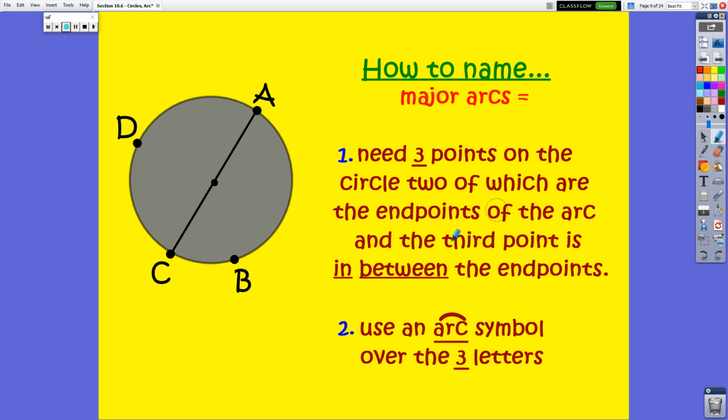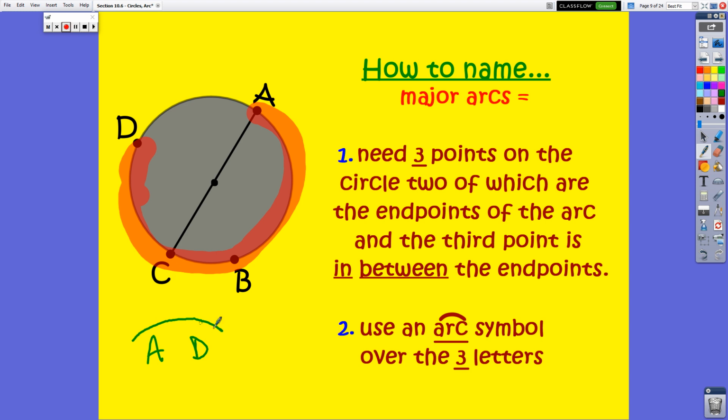So for instance here, if I wanted to name an arc that was bigger than half the circle, let's say I start at A and I go to B and I'm not quite over half yet, and if I go from B to C, that's exactly half. I need more than half. So I'll just continue going on to point D. So if I went from A all the way around to D, A and D are the endpoints.